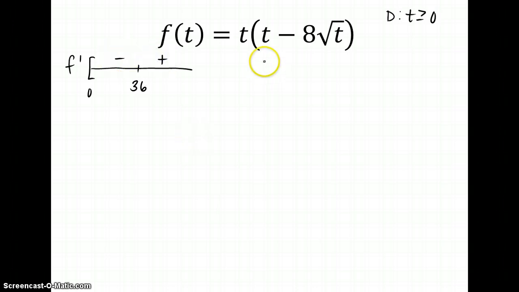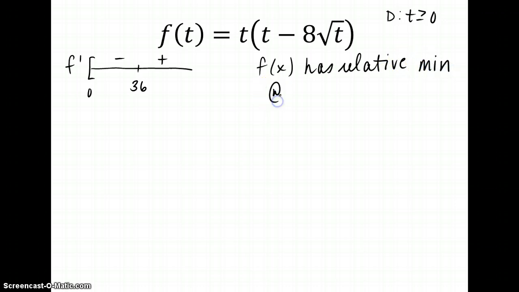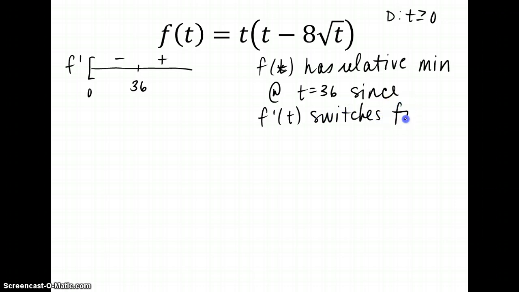So one sign change, f of x has a relative min at t is equal to 36, I guess that would be t, since f prime of t switches from negative to positive.